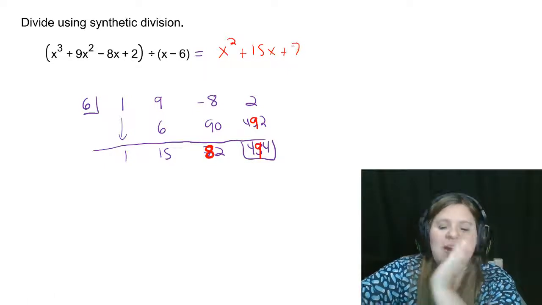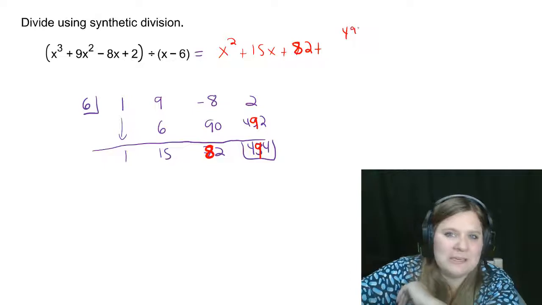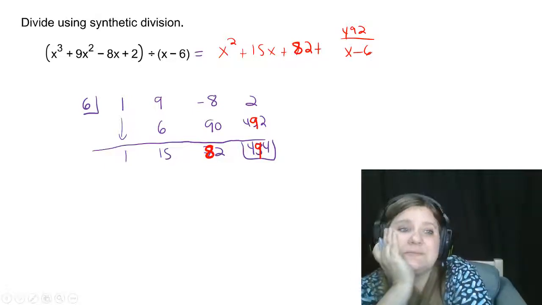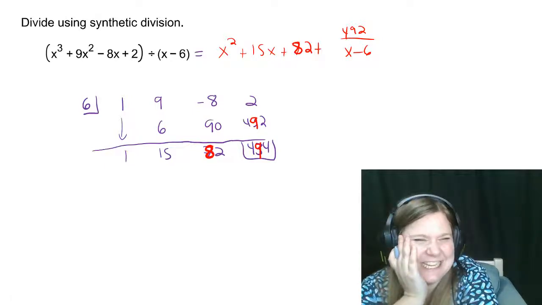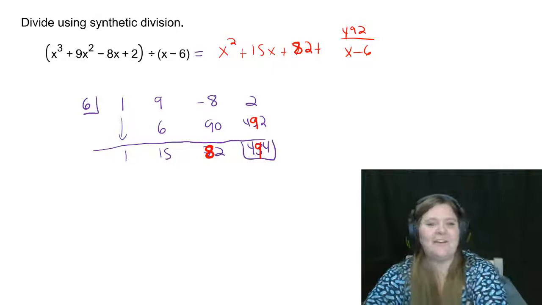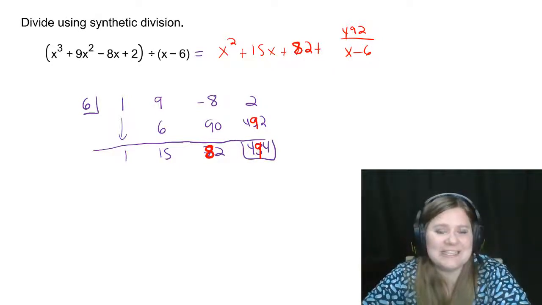I'm so sorry. Okay, so plus 82 plus 492 over x minus 6. I really hope that's right now. Okay, hopefully that's good now. So that is synthetic division.